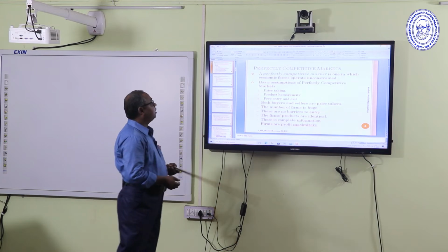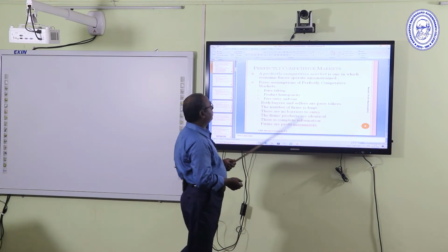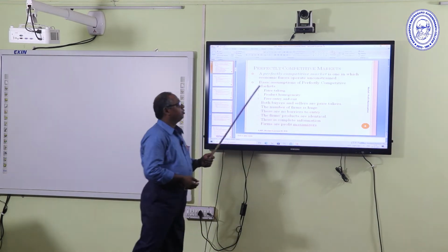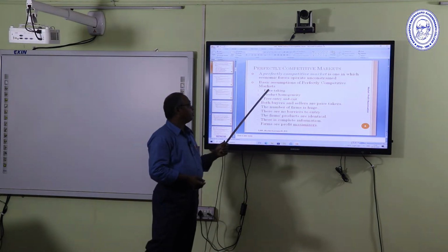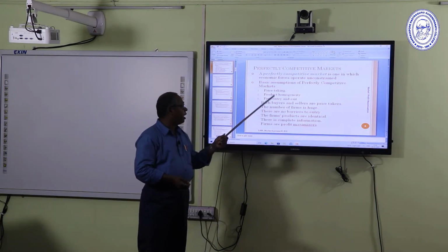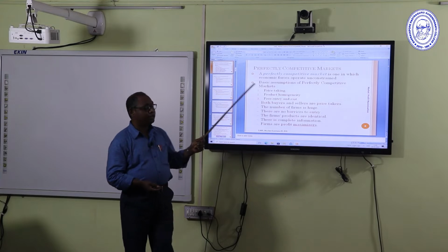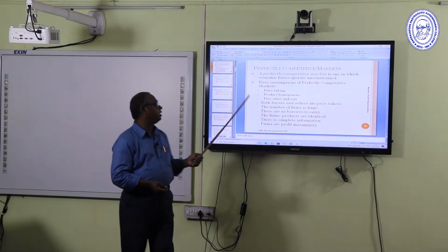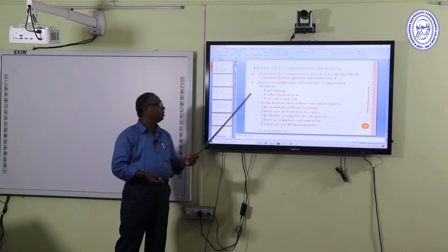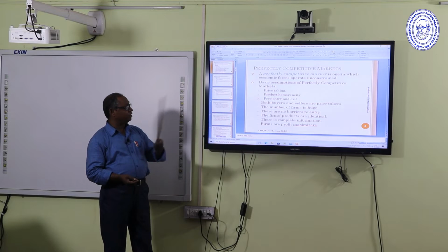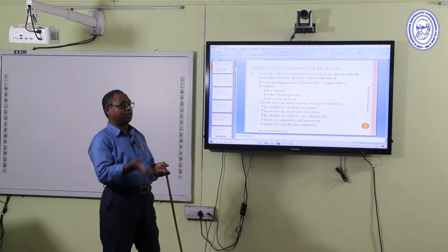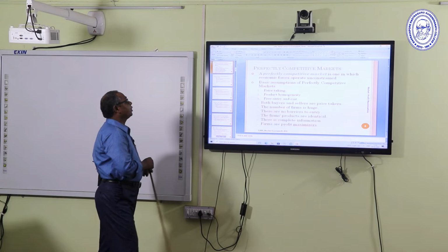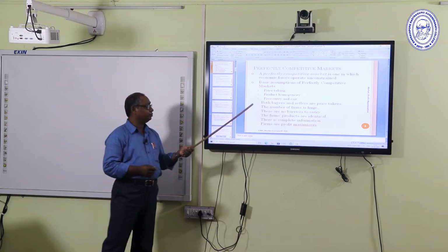And here, a perfectly competitive market is the market based on the following assumptions, and the assumptions are mainly divided into three parts. One is the price-taking assumption, another is the product homogeneity assumption, and third is the free entry and exit assumption, as I mentioned earlier.